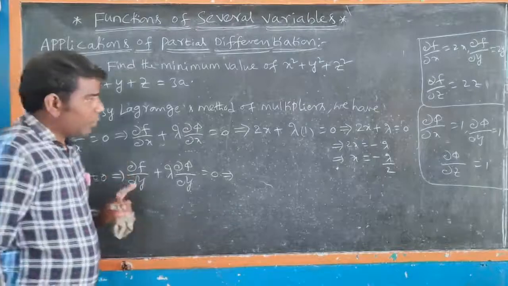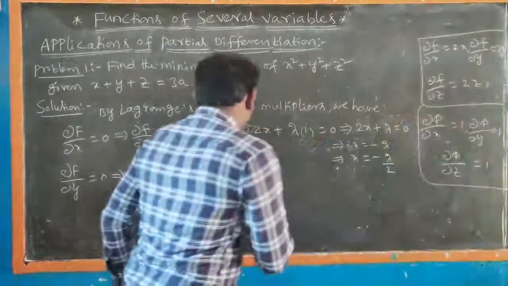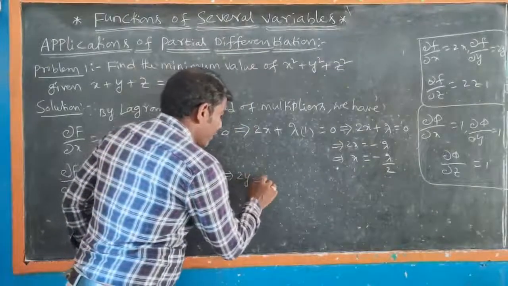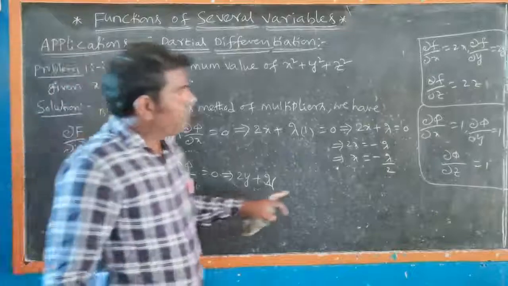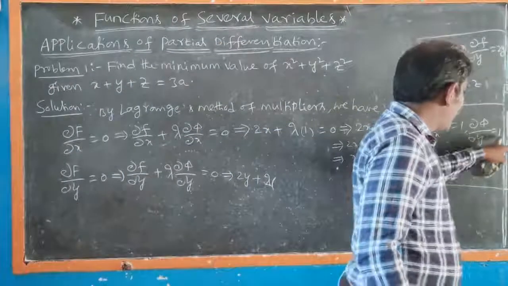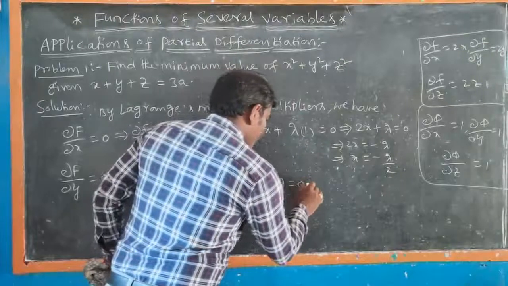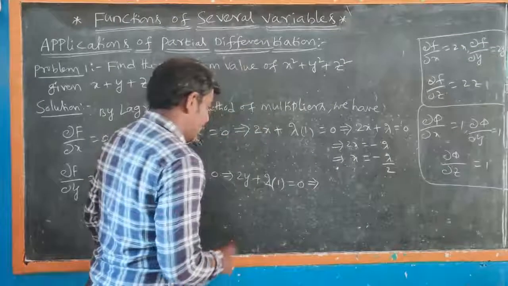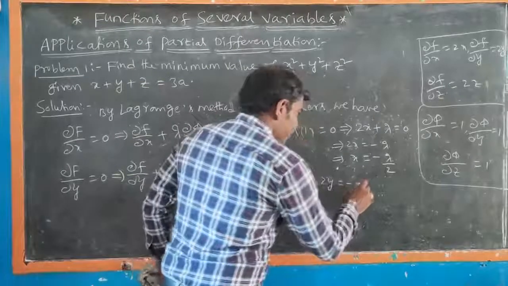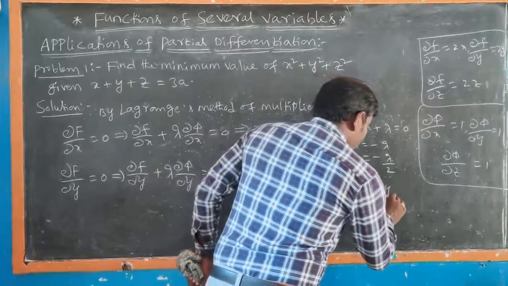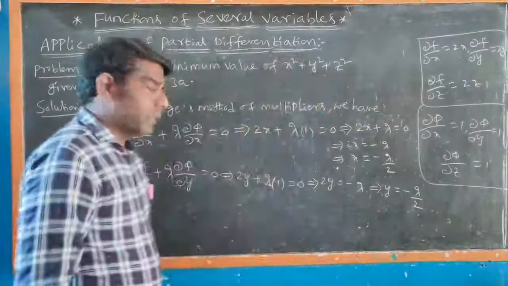What is ∂f/∂y? Small ∂f/∂y is equal to 2y plus lambda into, what is ∂φ/∂y? 1, is equal to 0. That implies 2y is equal to minus lambda. That implies y equal to minus lambda by 2.